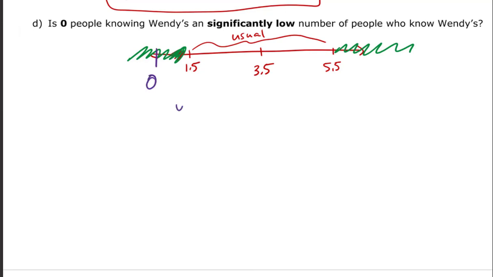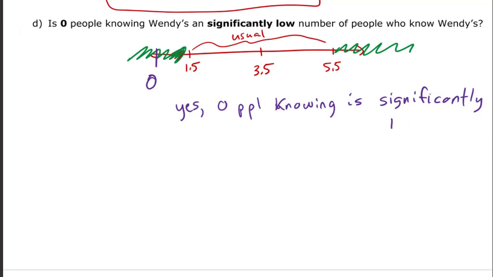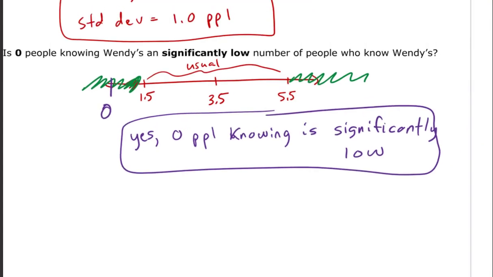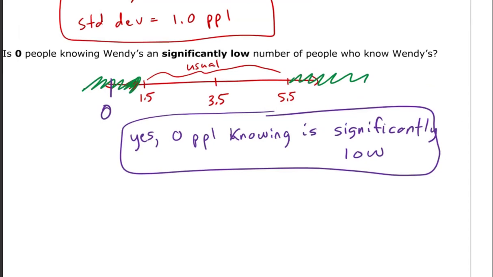So yes, 0 people knowing Wendy's is significantly low. That would definitely be an unusual amount of people to know, or I guess not know about Wendy's. 0 people knowing is significantly low. And that's how you do your binomial probabilities.